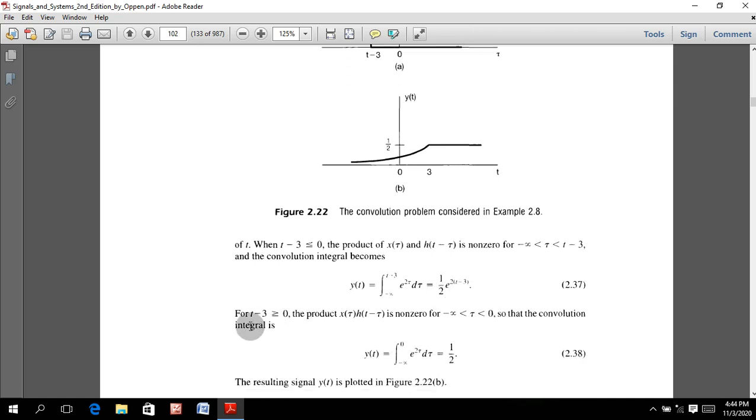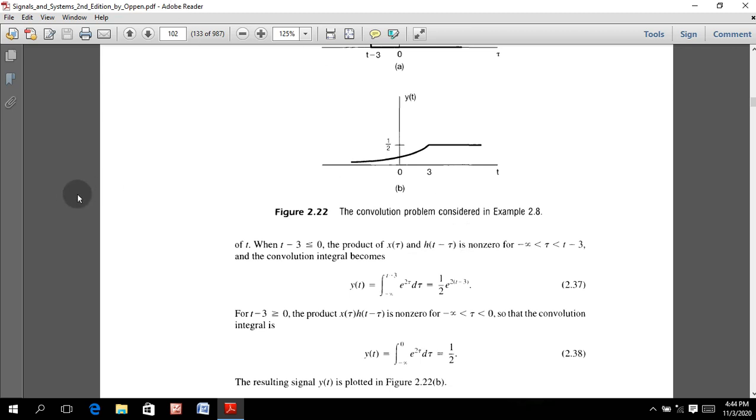For t minus 3 greater than or equal to 0, the product of x(tau) and h(t minus tau) is non-zero for tau from minus infinity to 0. When t minus 3 is greater than or equal to 0, what will it provide us? It will provide us the value of t greater than or equal to 3.